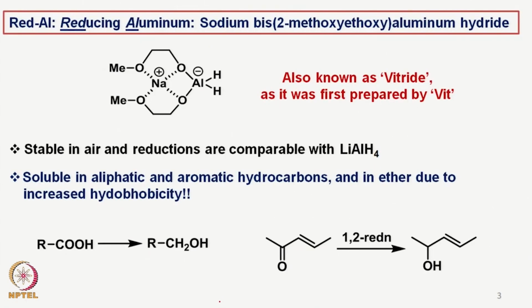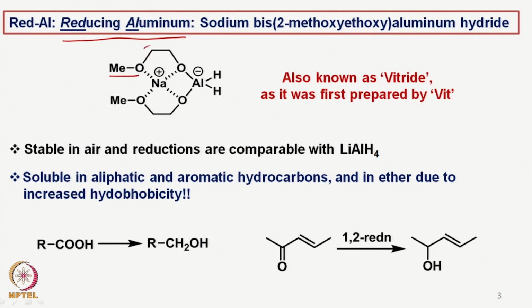Now, there is another reducing agent which is comparable with lithium aluminum hydride, but is in some sense better than lithium aluminum hydride, which is called Redal, a reducing aluminum hydride. It is sodium bis(2-methoxyethoxy)aluminum hydride.